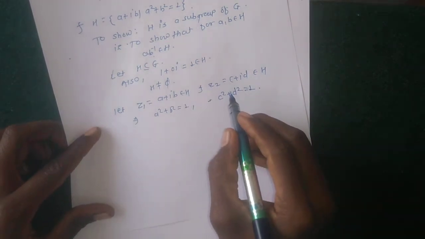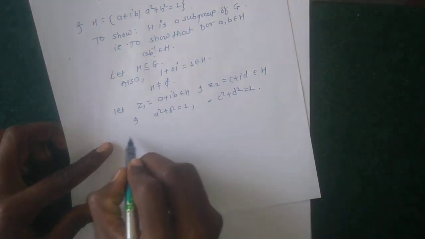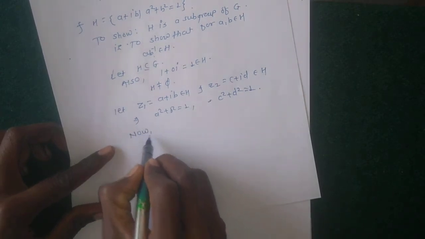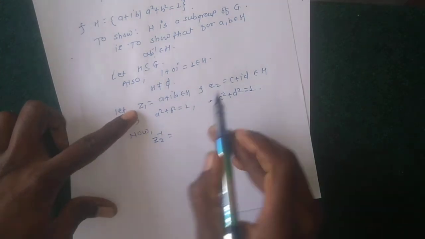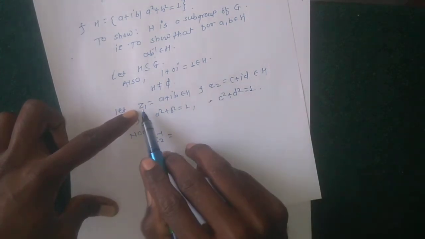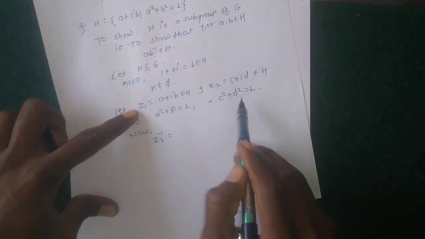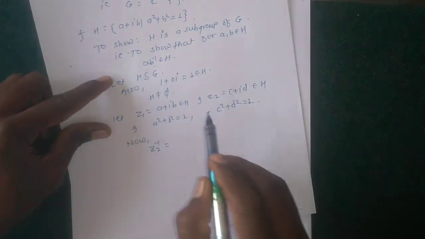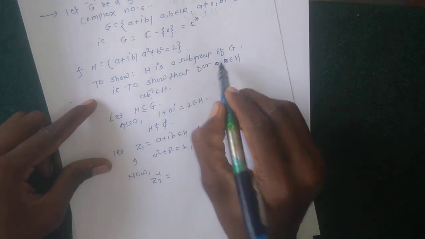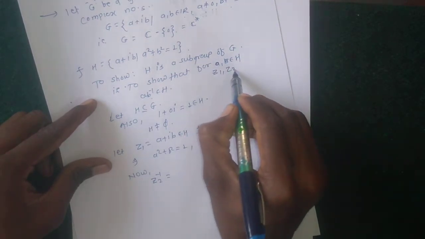Now finding the inverse of Z2, because we need to show Z1 into Z2 inverse belongs to H. Here the notation changes to Z1, Z2.